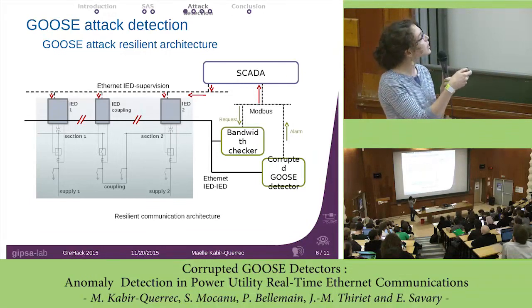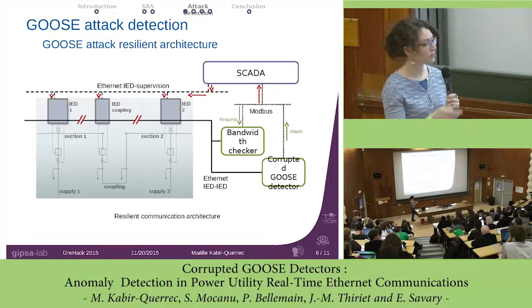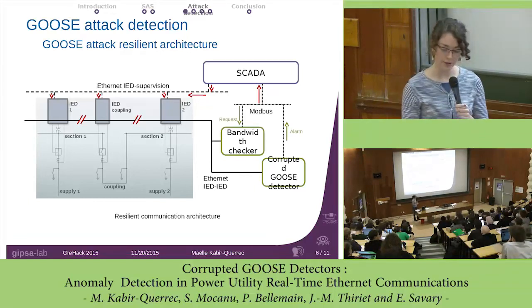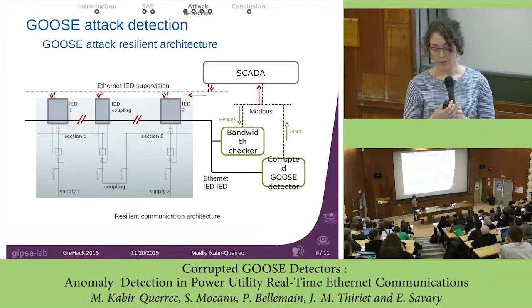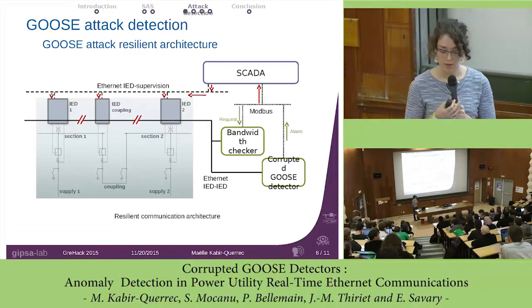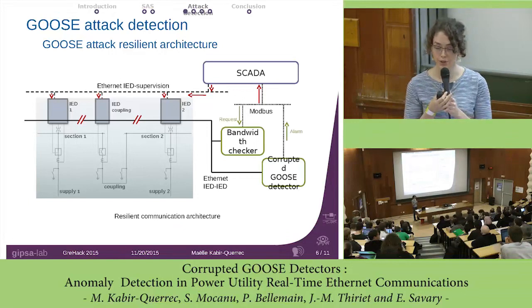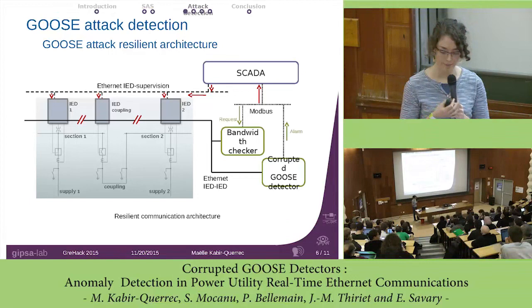And you have this Ethernet link for GOOSE protocol, so that is IED to IED communication. And we added our detectors to this communication architecture, I will detail them a bit later. We added a module to check the bandwidth, to verify there is no Ethernet storm. And we added a module to detect corrupted GOOSE messages.